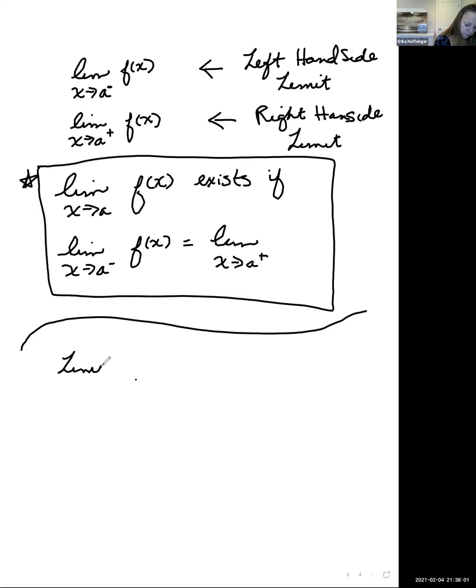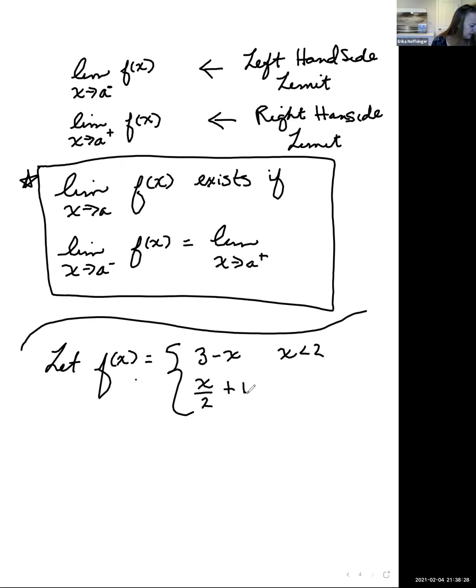Let f of x equal, I don't know, 3 minus x if x is less than 2, and x over 2 plus 1 if x is greater than 2. Let's first start by graphing this.